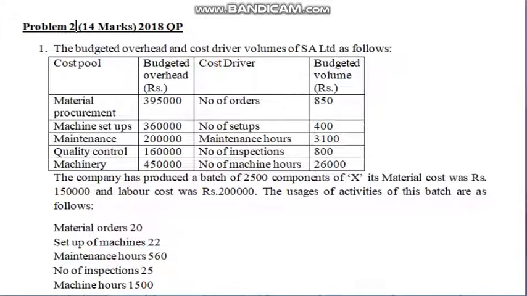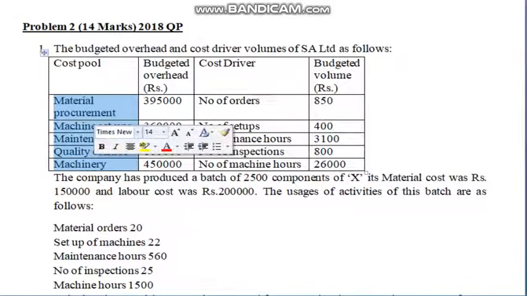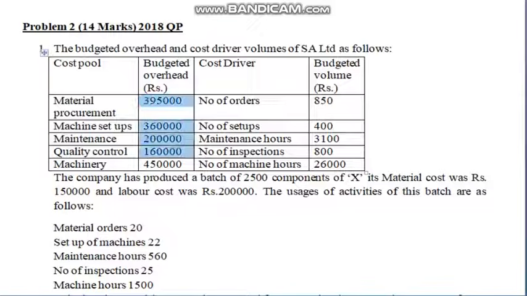They are given a total of 5 different types of cost activities. The first one, material procurement cost, then machine setup cost, cost of maintenance, quality control cost, and cost of machinery. These are the costs incurred to produce the products, and these costs are based on these drivers.